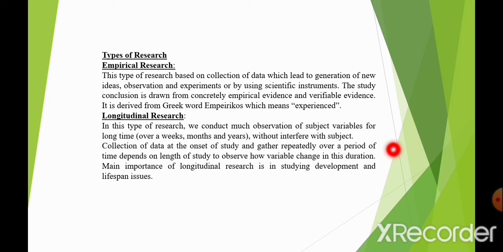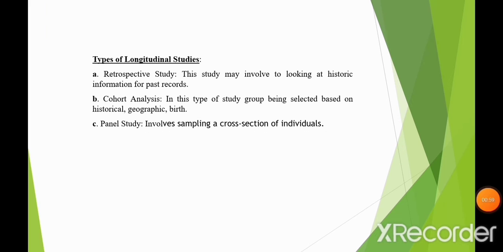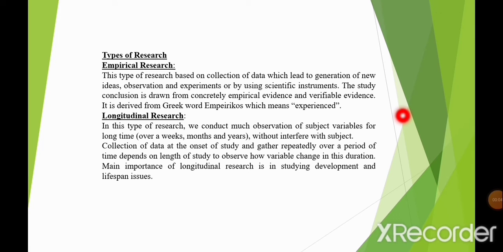So this shows longitudinal research, and we will see the observations for the same person, for the same group, but we will observe that person's cognitive health until his death.